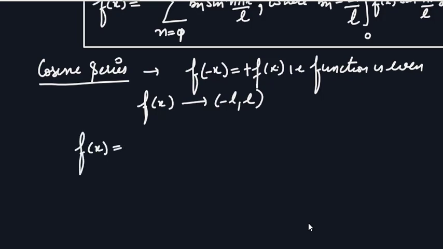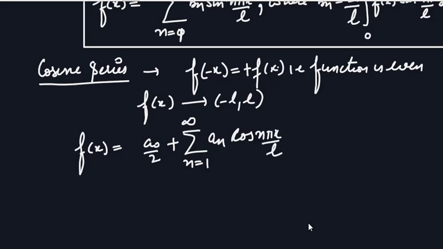It includes only a naught by 2 plus summation n varies from 1 to infinity an cos of n pi x by L. In such cases, bn is equal to 0.